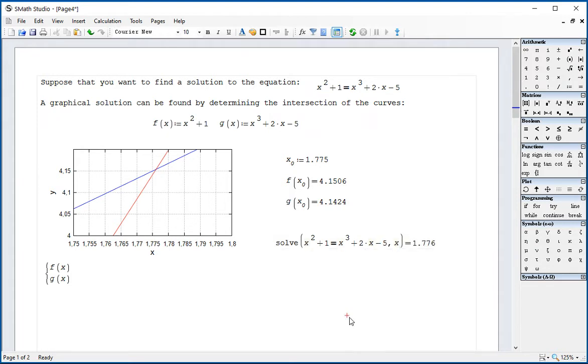It turns out that the solution is 1.776. So we were close enough. But this is one possibility, at least giving you an estimate of your solution. As I mentioned, nowadays there are a lot of techniques like using solve here to obtain the exact solution, and so the graphical solution is just an auxiliary.